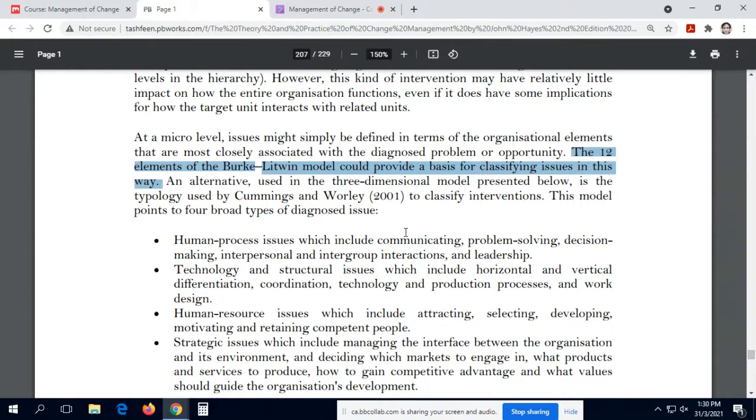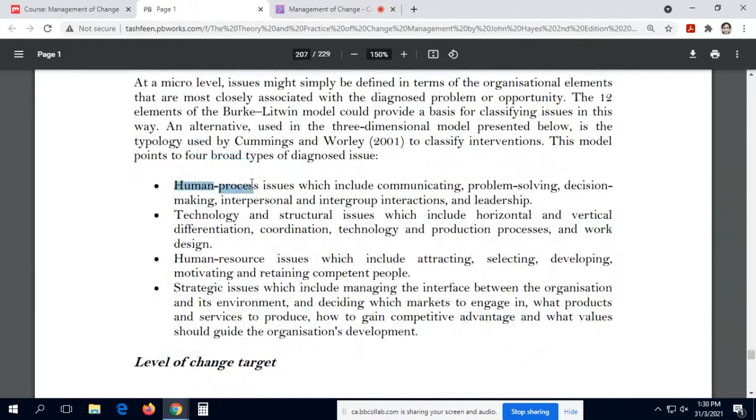And then Cummings and Worley's classification of interventions is also there. They have 4 broad types, human process, for example. If you remember, we discussed this in earlier classes, where you remember the 4 boxes. One was linked with human process, one was technology, one was human resources, and one was strategic issues. I think it was the last class where you looked at it.